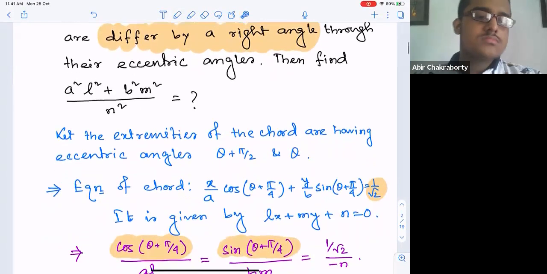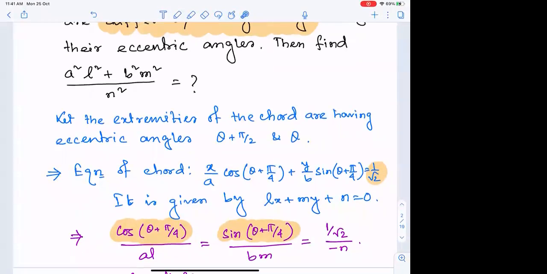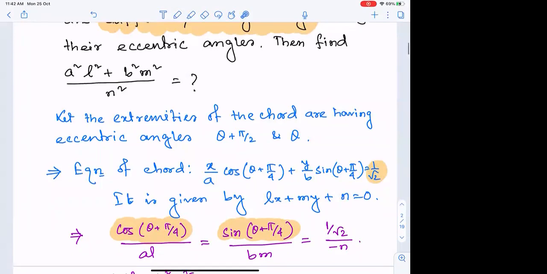And when we compare them through proportionality, we get cos of (theta plus pi by 4) divided by a, whole divided by L, which has been represented in this form. Similarly, sin of (theta plus pi by 4) divided by b m is the same as 1 by root 2 divided by minus n.